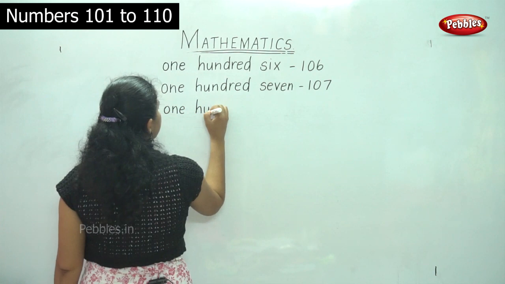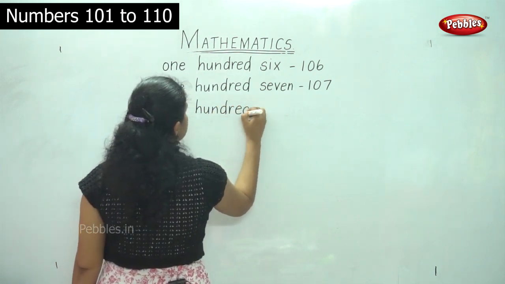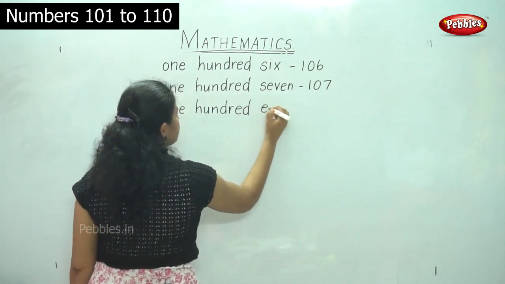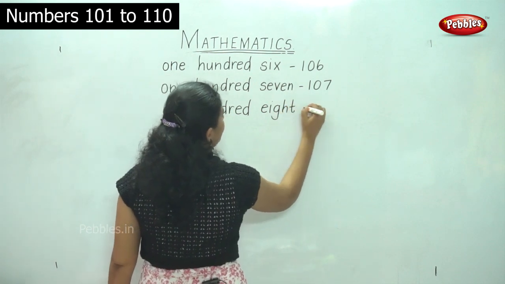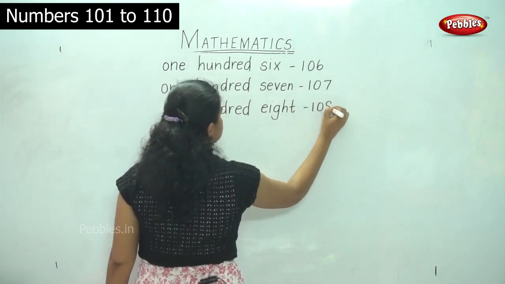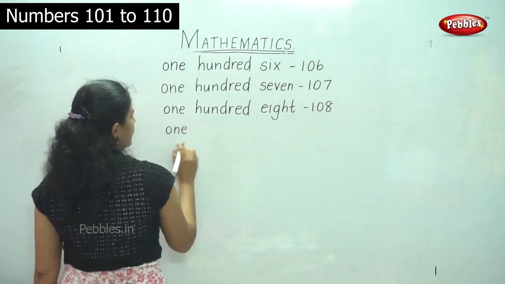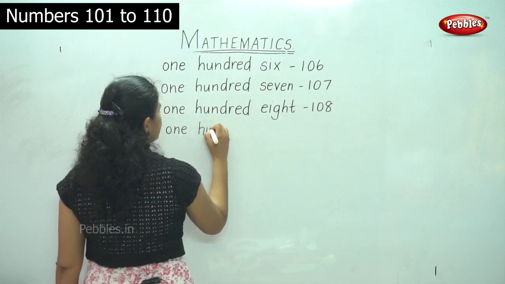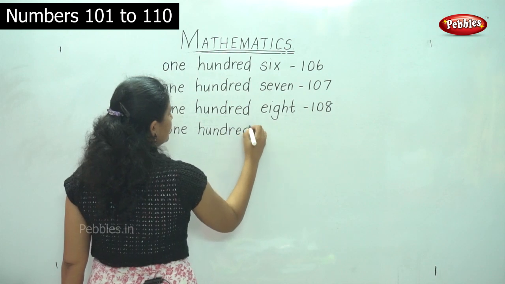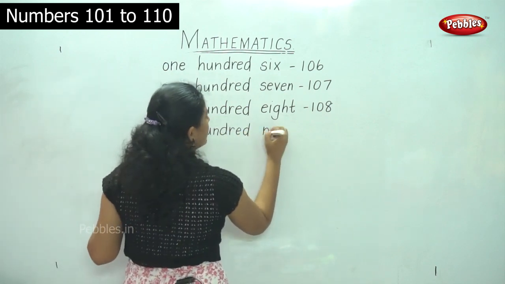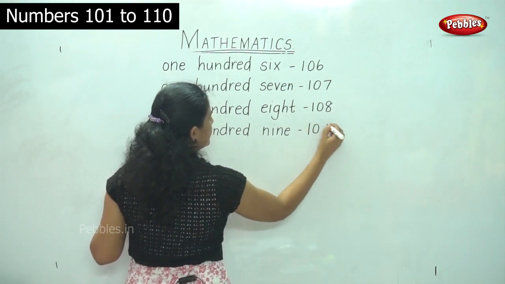O-N-E, 1, H-U-N-D-R-E-D, 108. E-I-G-H-T, 108. O-N-E, 1, H-U-N-D-R-E-D, 109. N-I-N-E, 109.